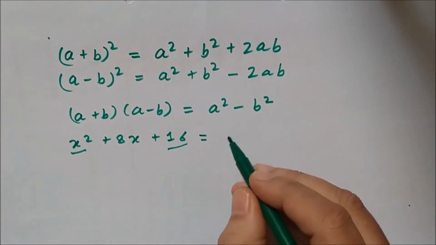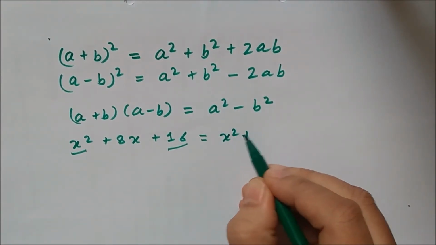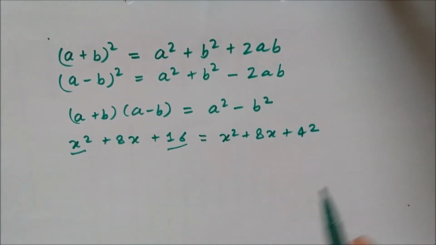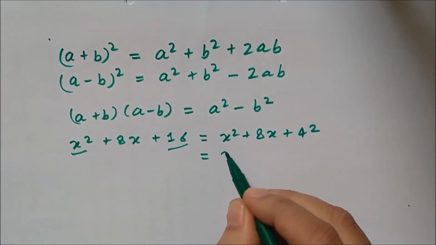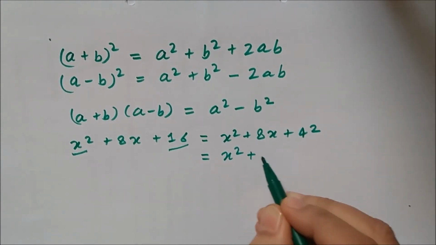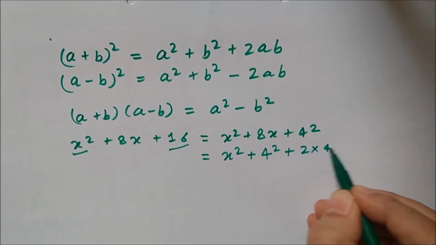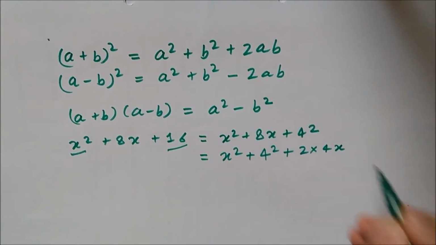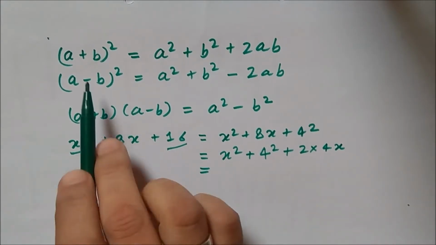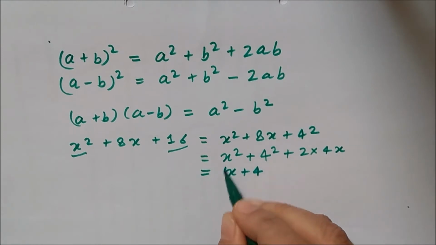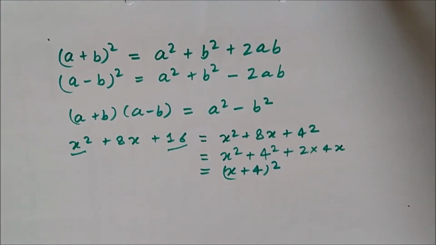This algebraic expression can also be expressed as x square plus 8x plus 4 square, or this is x square plus 4 square plus 2 into 4x. This fits into the very first identity, and finally this is (x plus 4) whole square. So factors of this algebraic expression is (x plus 4) into (x plus 4).